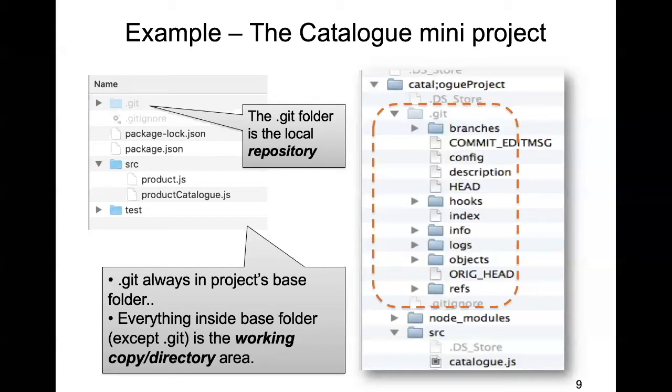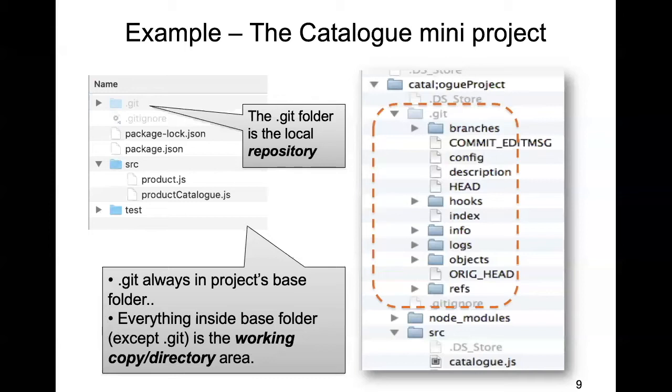And I'm saying down here as well that you always have to have your Git repository in the base folder of your project. Everything inside the base folder except .git, all of the rest of the files and folders in your project, is what we call our working area, our working directory, or working tree.